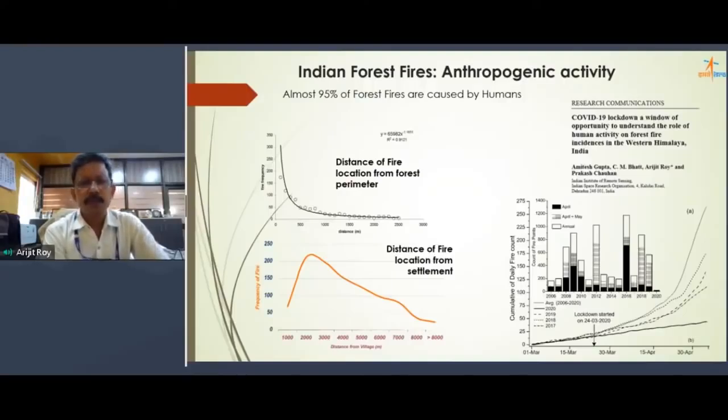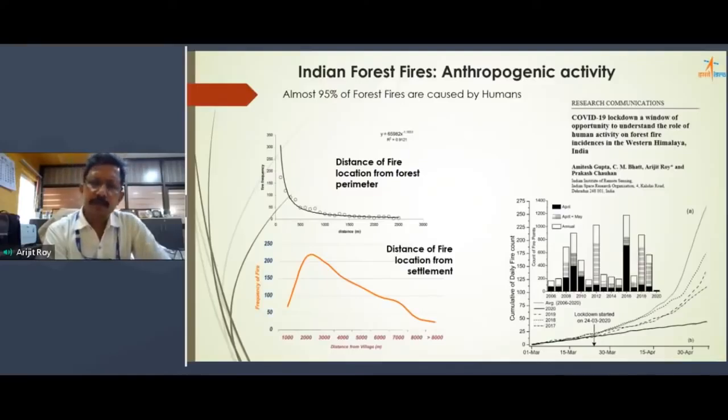Similarly, when grazers take their cattle to graze, they go to a distance of something like 2 to 3 kilometers from the village, where they allow the cattle to graze and they themselves sit there and maybe smoke cigarettes, which results in forest fires.